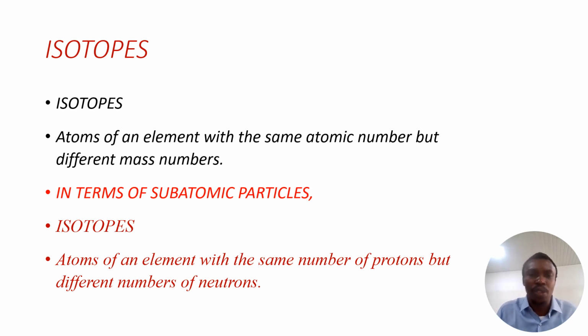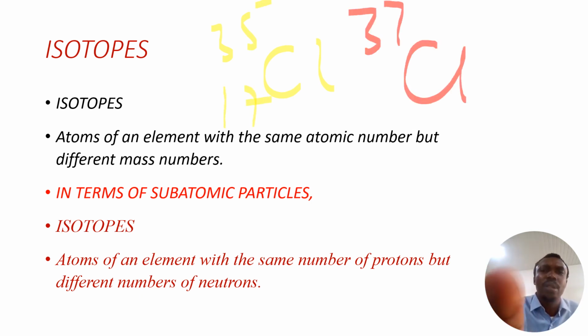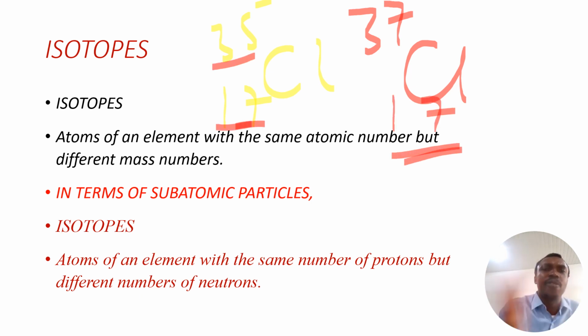As you can see, this is a typical example of isotopes. We have chlorine-35 with atomic number 17, and chlorine-37 with atomic number 17. The same atomic number, the different mass number. The same number of protons, which is 17 and 17.